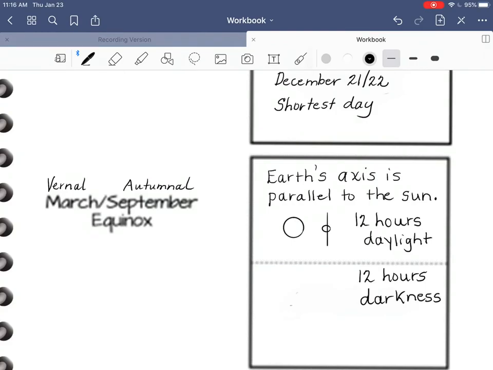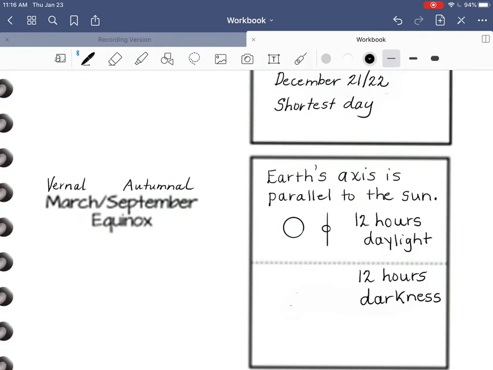So in the spring and fall, we have the equinoxes where there are equal hours. This happens around March the 20th and September the 20th. You get those equal times. And then the days start getting longer or shorter depending on where we are in the season cycle.